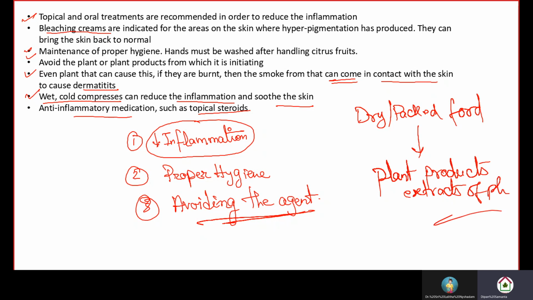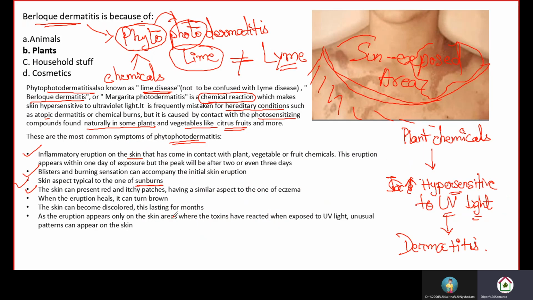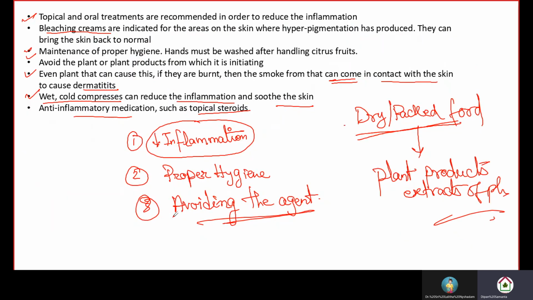So that's why they also can cause the same thing. They also can cause Berloque dermatitis. Okay, so avoiding the agent including citrus fruits, plant products, plants, raw plants, or any plant finished products.